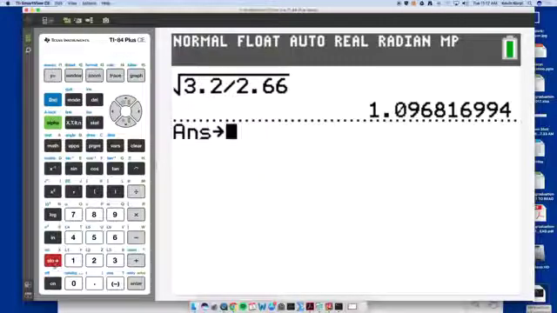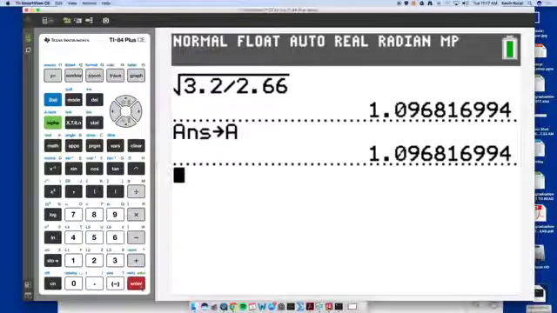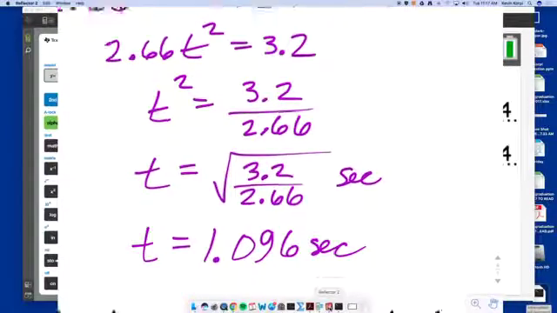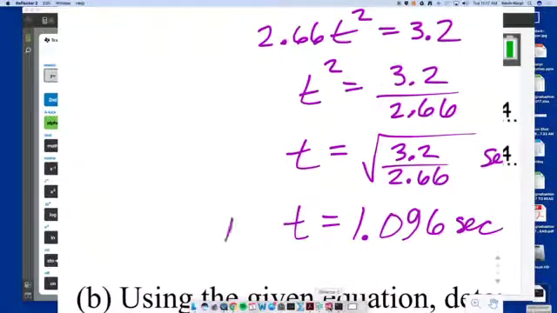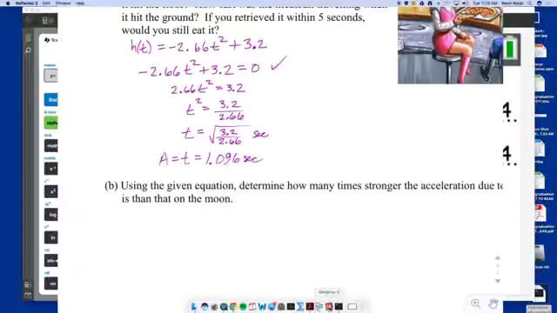I'm going to hit STO, which is right above ON, and I'm just going to hit alpha A. Now it's in there as A if I ever need it. And if I store it as A on my calculator, I'm also going to store it as A on my paper or iPad. As long as I'm not using A somewhere else, like for area, you could store it as A. And you can now refer to it as A, and it's a reminder that it's in there as A.